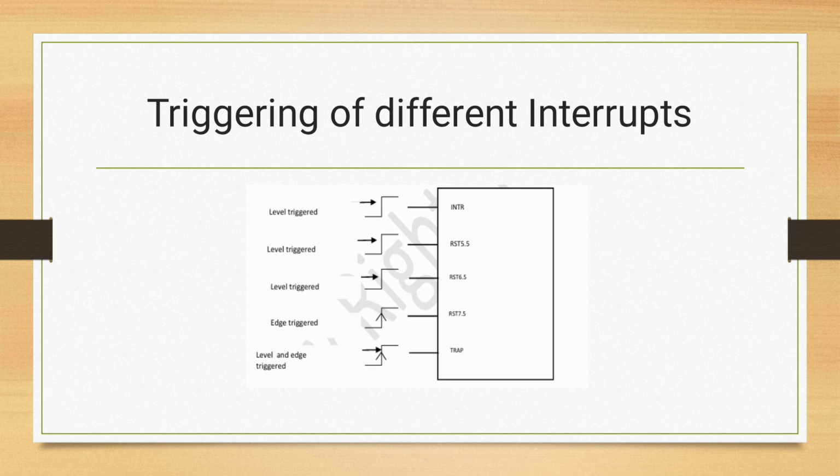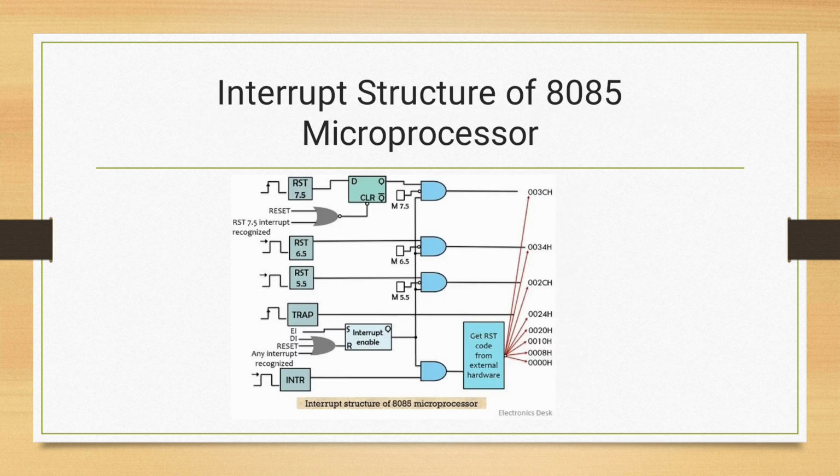TRAP, which is called the highest priority interrupt, is both level triggered and edge triggered. In case of TRAP, RST 7.5, RST 6.5 and RST 5.5, all have fixed address locations or vector locations, which are already shown there.